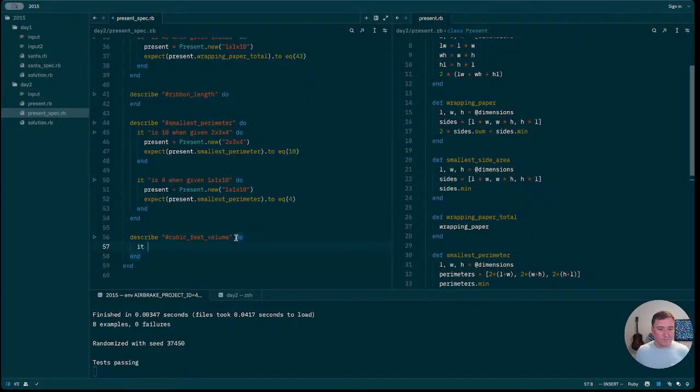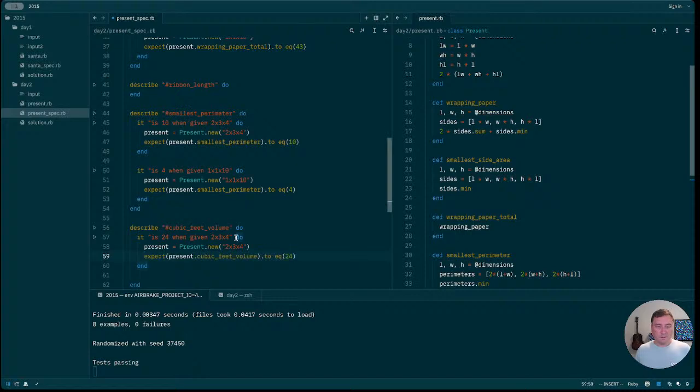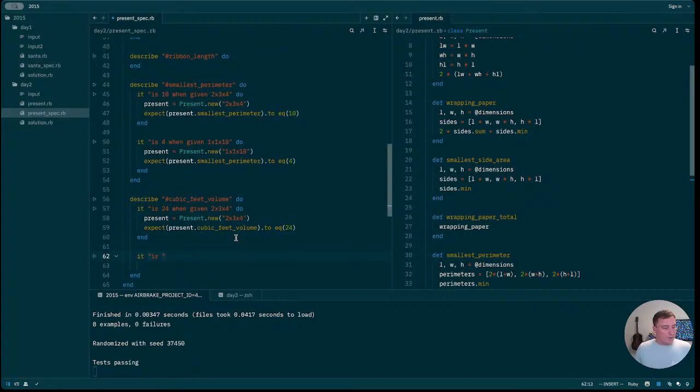Let's go ahead and get cubic feet volume. It is 24 when given 2 by 3 by 4. Present.new. It is 10 when given 1 by 1 by 10.